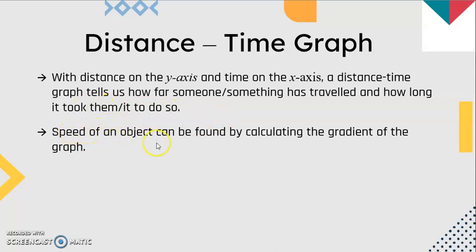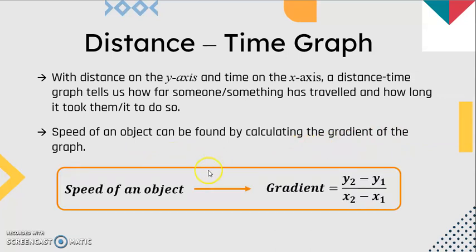The speed of an object can be found by calculating the gradient of the graph. So, in order to calculate the speed of the object from the graph, you have to apply the gradient formula. The gradient formula is y2 minus y1 divided by x2 minus x1.